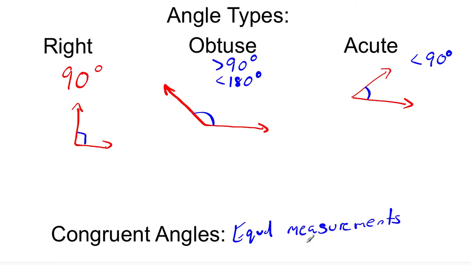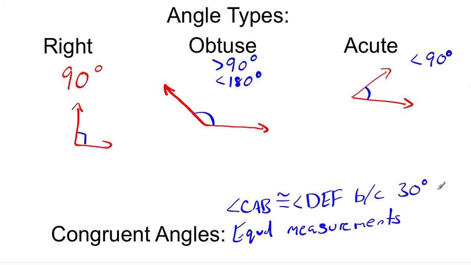So we could say that angle CAB is congruent to angle DEF because 30 degrees is equal to 30 degrees. So this is the symbol for congruence. They are congruent. And this just shows that those two angles are congruent because their measurements are the same.